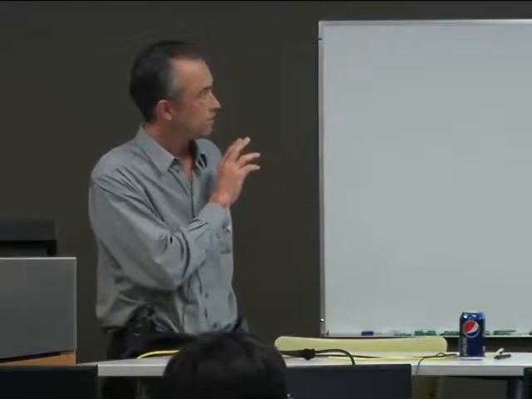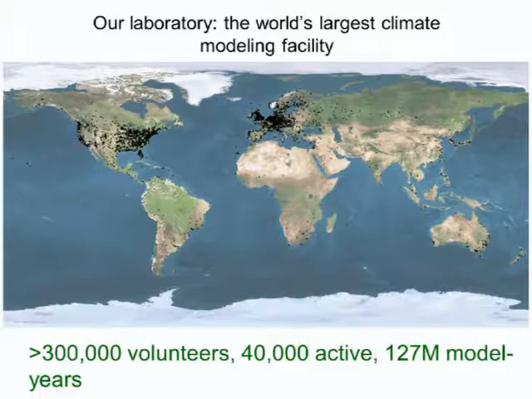So we've got dozens of simulations at a 20 kilometer resolution, so you can play around with those. We can change initial conditions. We can do better. Our computer consists of 40,000 active volunteers who just sign up at climateprediction.net, using the infrastructure for volunteer computing, and then it just runs automatically.